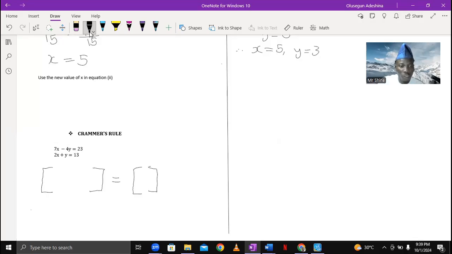So the first thing to do is to extract the coefficients. That is the first thing to do.